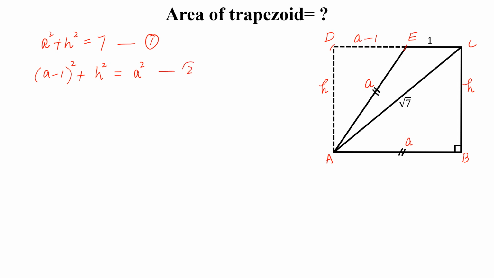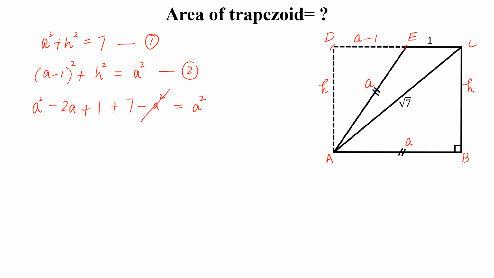This is equation 2. Now if we simplify equation 2, we get A square minus 2A plus 1 plus H square, which is 7 minus A square, equal to A square.